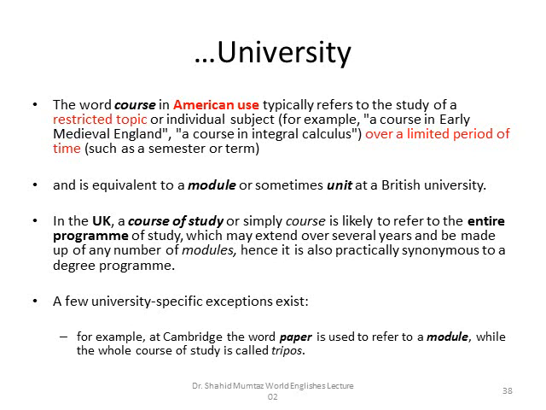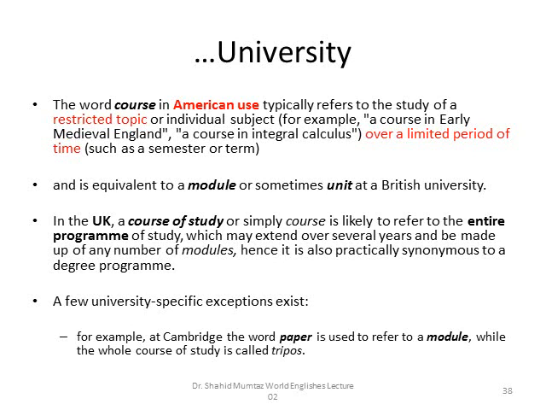In the UK, a course of study or simply course is likely to refer to the entire program. You see, in America, the course refers to the topic. We use course for this. For example, our English course. But in the UK, course of study or simply course is likely to refer to the program of study.